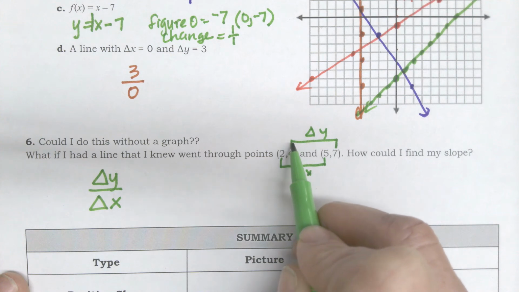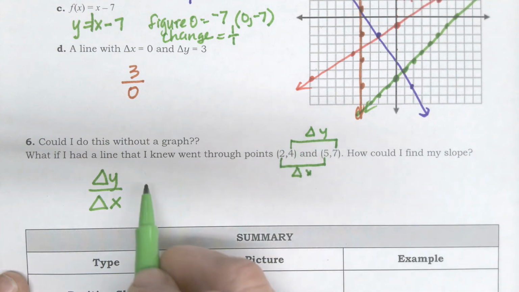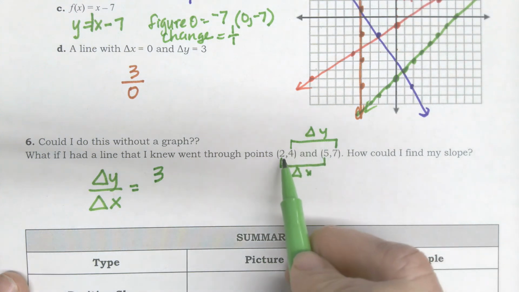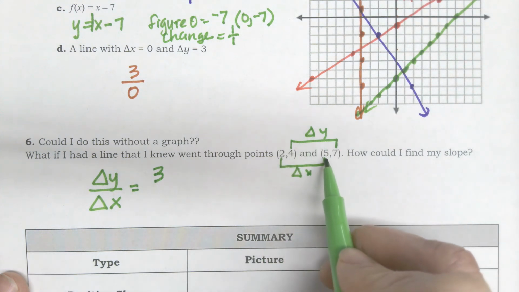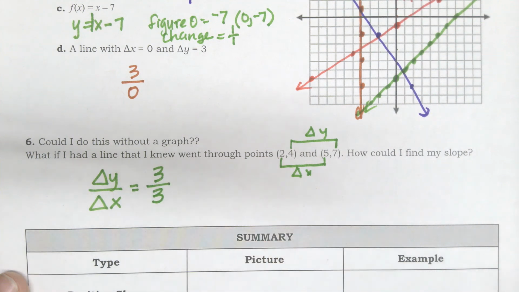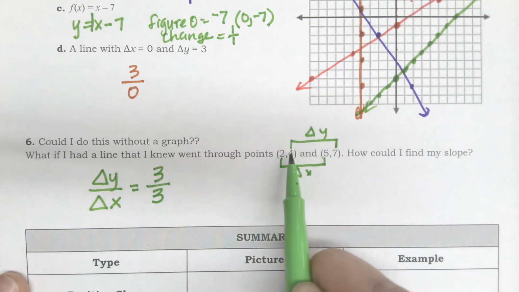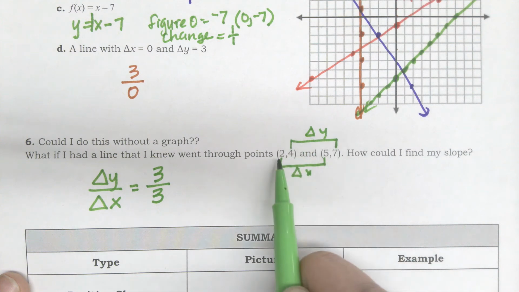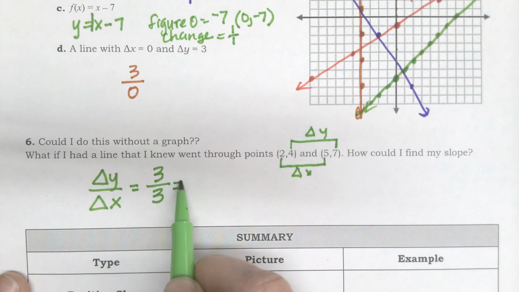So how did I get from 4 to 7? It looks like I went up 3. How did I go from 2 to 5? That looks like I went up 3 as well.